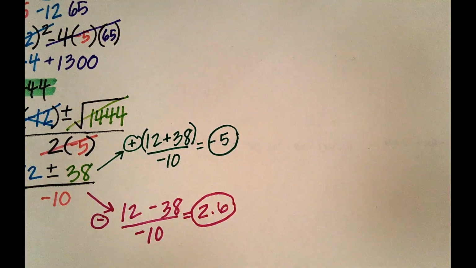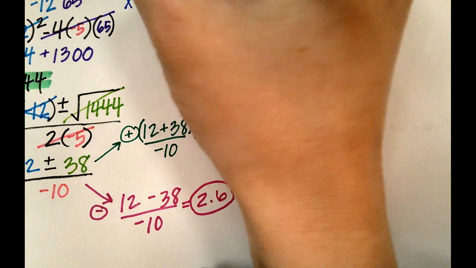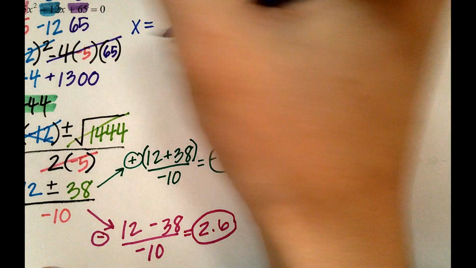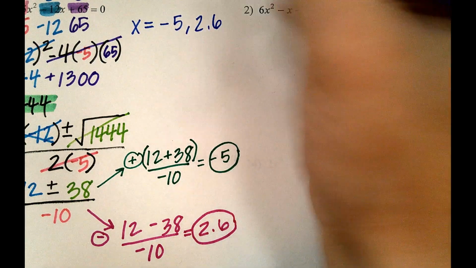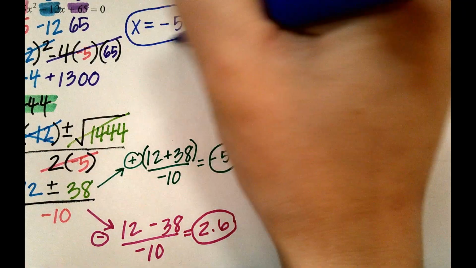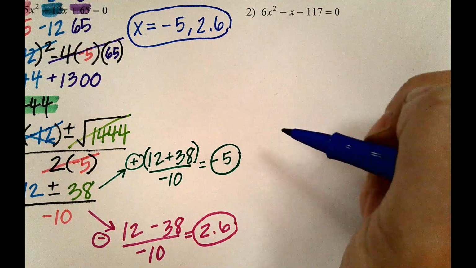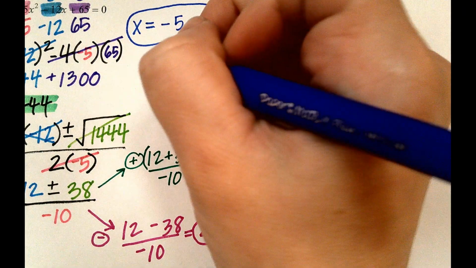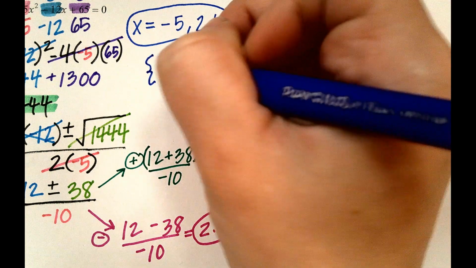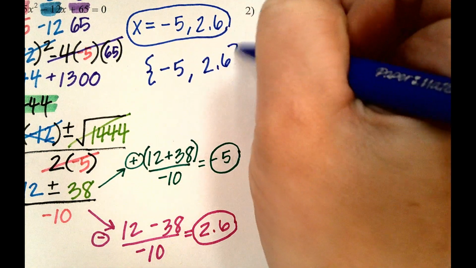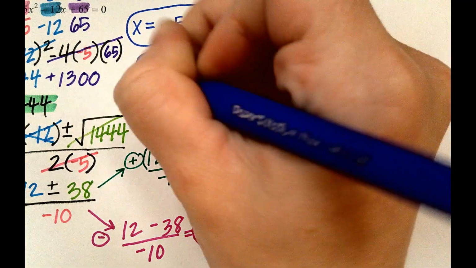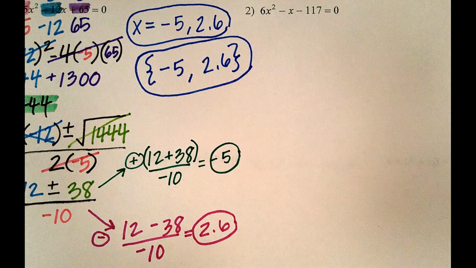We can either say x equals negative 5, comma, 2.6 with no parentheses, or I can do those fancy brackets, negative 5, comma, 2.6. So these are the two ways we can write these answers.